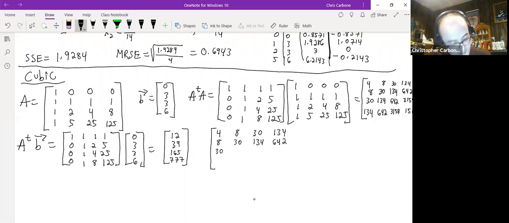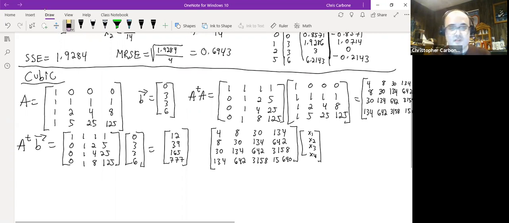Then we have 30, 134, 642, 3,158, and then finally 134, 642, 3,158, and then 15,690 times our solution vector, which we're trying to find, of x sub 1, x sub 2, x sub 3, and x sub 4.